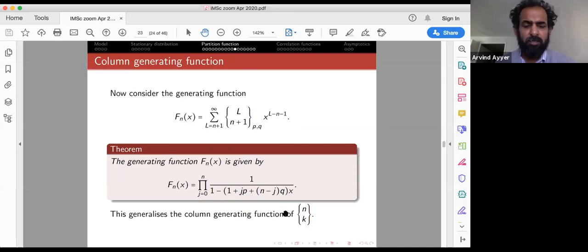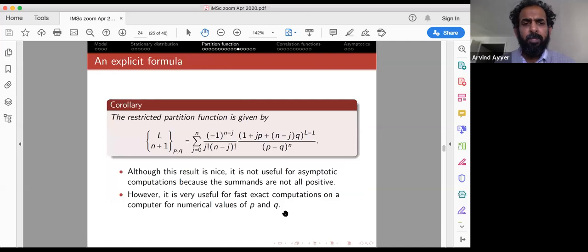So this generalizes that. And again, using partial fractions, you can get an explicit, although signed formula. And this is not useful for asymptotics. But of course, if you want to see the value for any numeric P and Q, this is very useful.